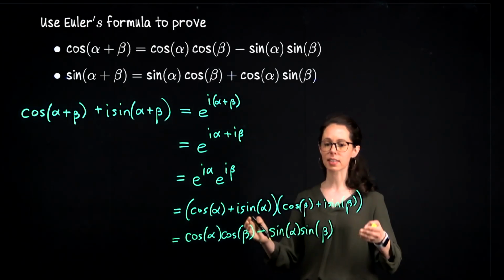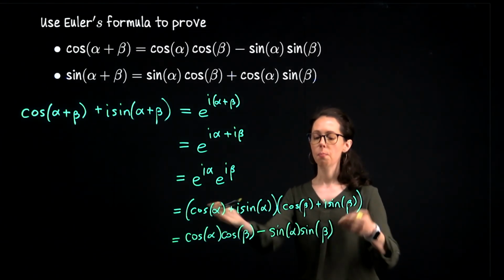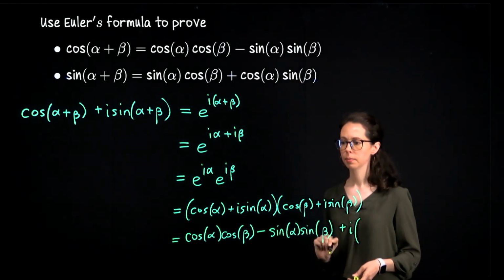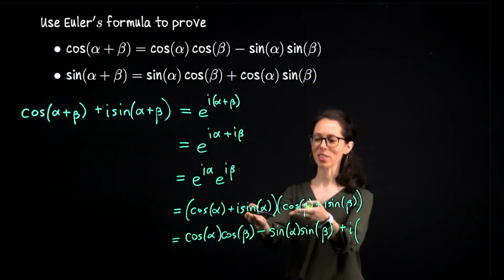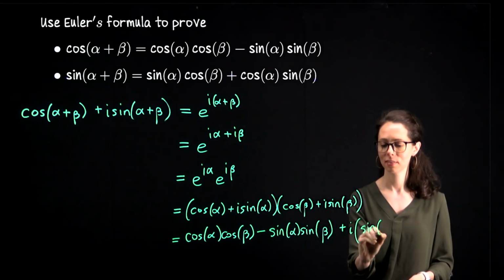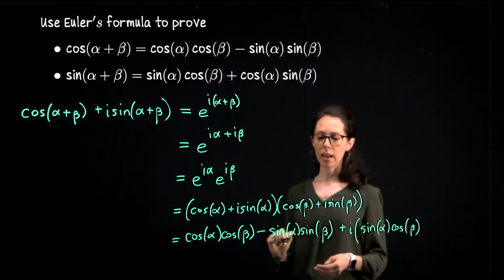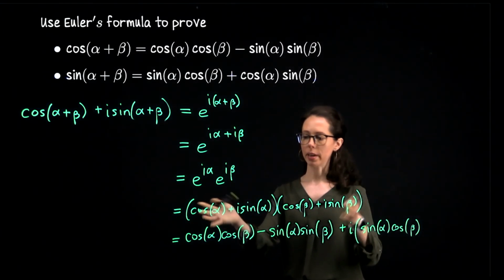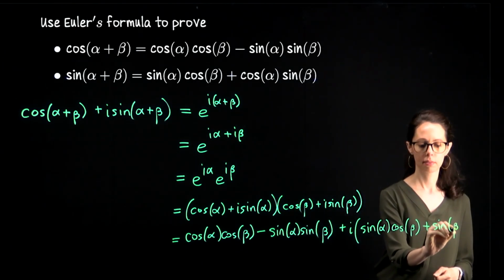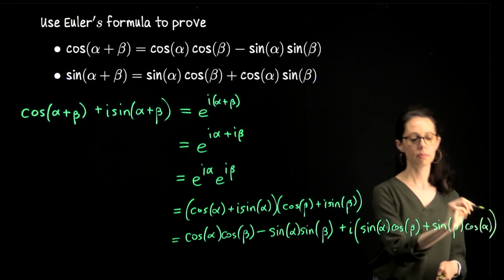And then let's add to that this product and this product. Both have the imaginary number i, so I'm going to pull that in front. And we'll have, starting with this one, sine alpha cosine beta plus sine beta cosine alpha. Like that.